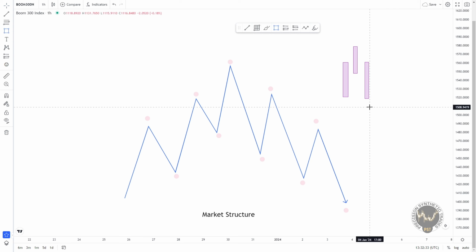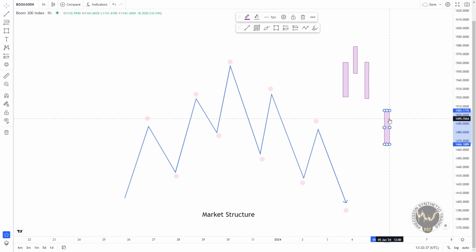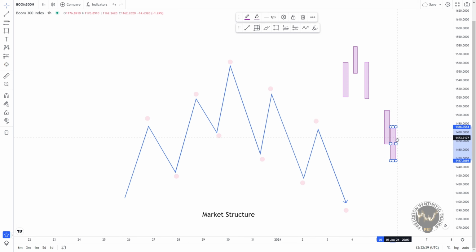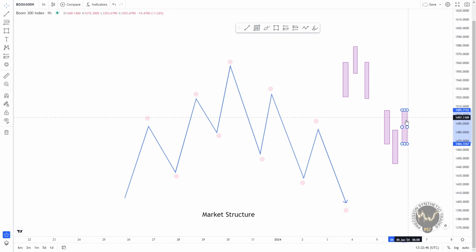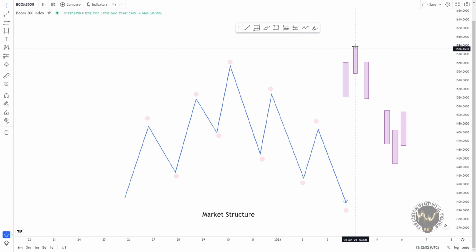If I want to identify a swing low, it's just the opposite. So it's candle 1, candle 2, candle 3, and that's how you identify a swing low. For the highs, your middle candle needs to be higher than the candle on the left and the candle on the right.